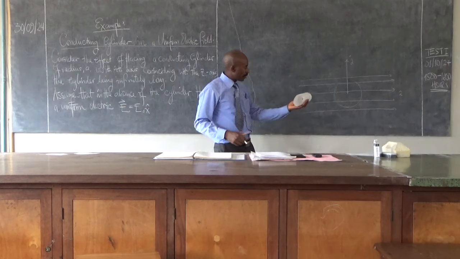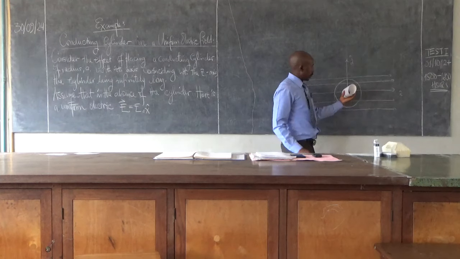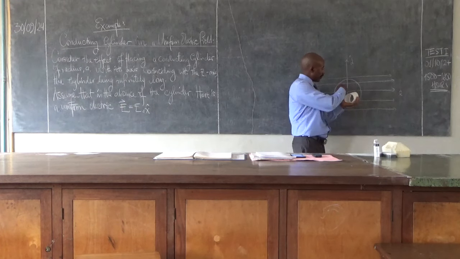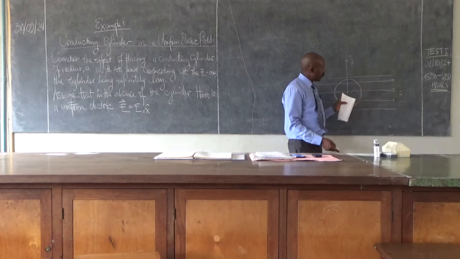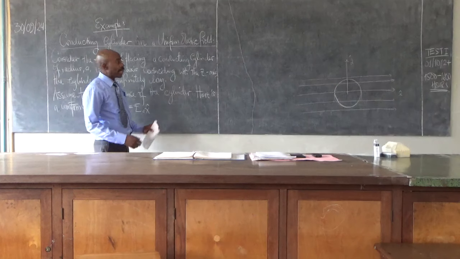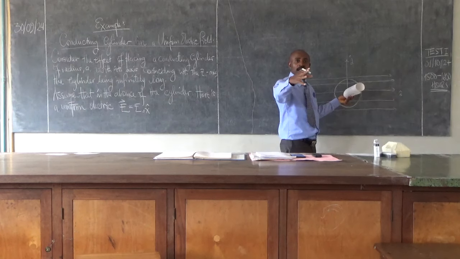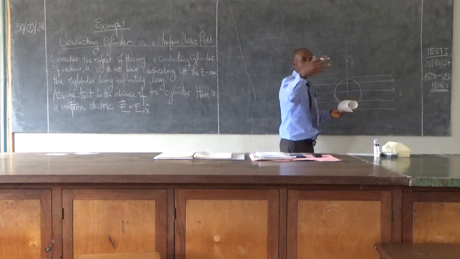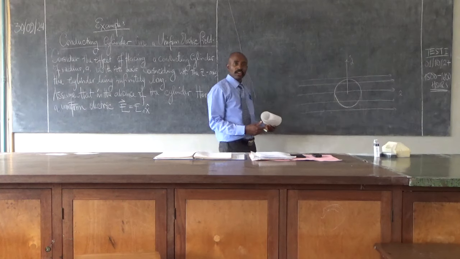Much as I'm drawing just a circle here, we are looking at it as the cylinder, this paper being the cylinder, its axis coinciding with the z. But before we place this cylinder here, the field is along the x. So we want to know what happens. And it is long, so no matter where you will be, the cylinder is going to meet the field, which is along the x, because we are looking at an infinitely long cylinder.